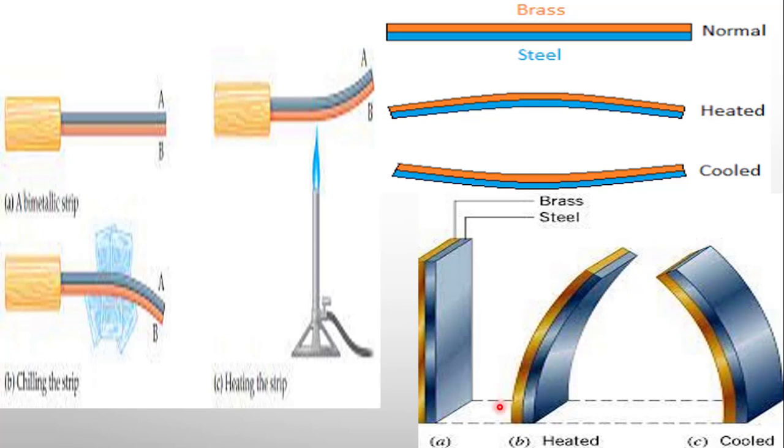Therefore, on heating, brass expands more than steel. Hence this shape. Same case on cooling, the brass, which has a higher expansivity rate, is going to contract faster than the steel. Hence this particular shape that we are having.